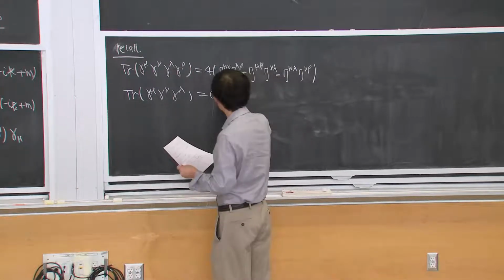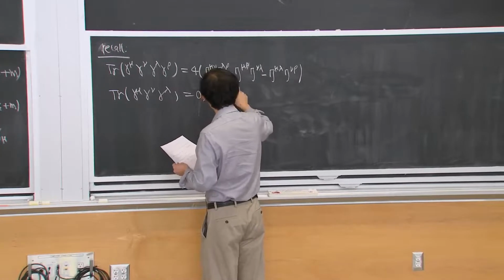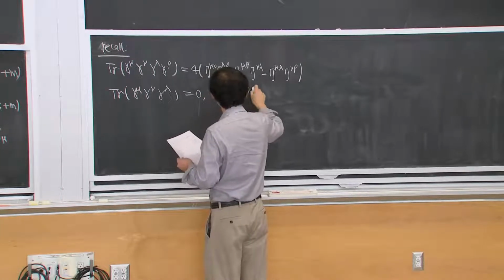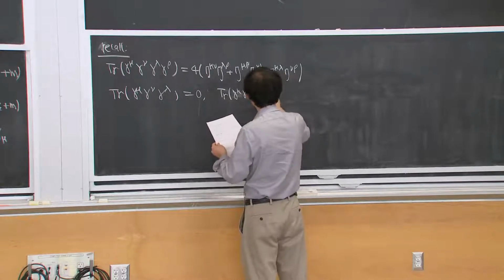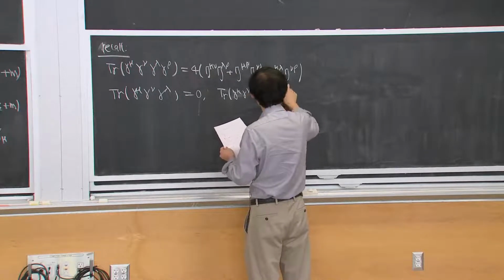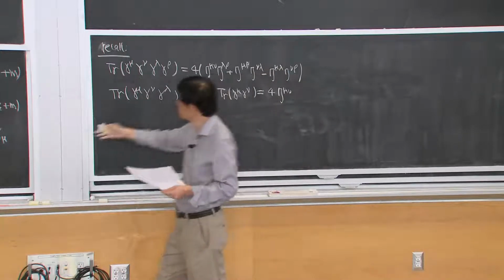Yes, good. And if I have 2 gamma matrices, do you know what this is? That's right, it's 4 eta mu nu. So you can just apply those formulas to here.